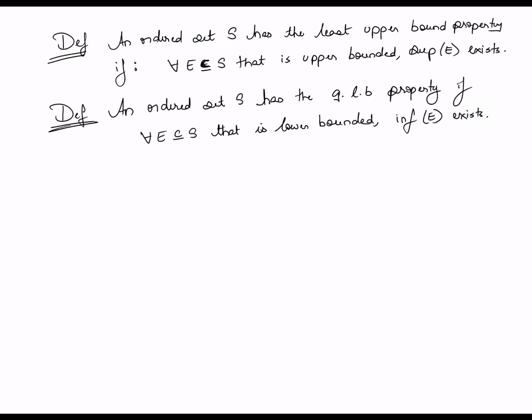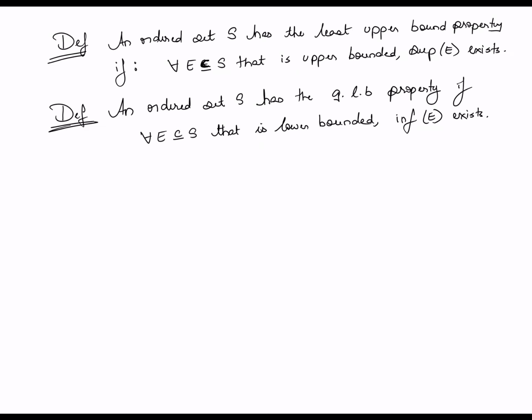So if the subset E itself is not lower bounded, it doesn't make sense to talk about an infimum or a greatest lower bound. An ordered set S satisfies the greatest lower bound property if for every subset that is lower bounded to begin with, which means it has a lower bound, there should also be a greatest lower bound. Similarly, an ordered set has the LUB property if whenever a subset has an upper bound, it also has a least upper bound. So that is what these properties mean.